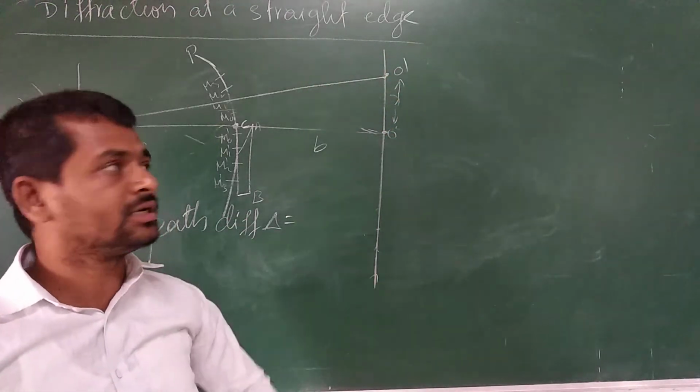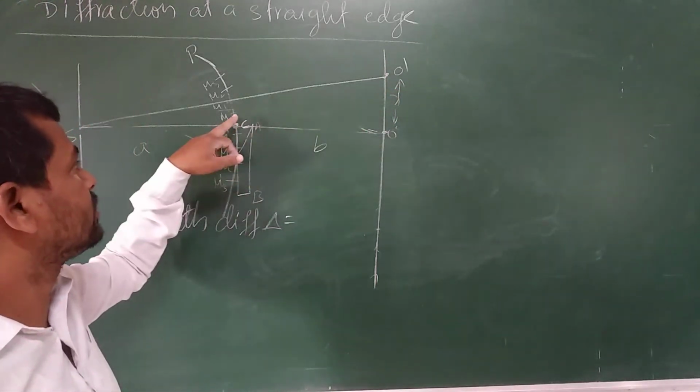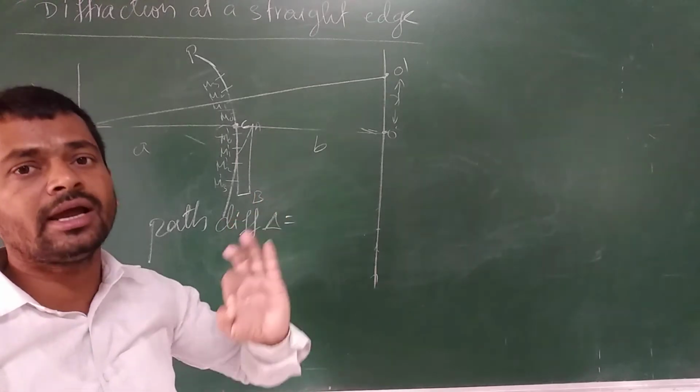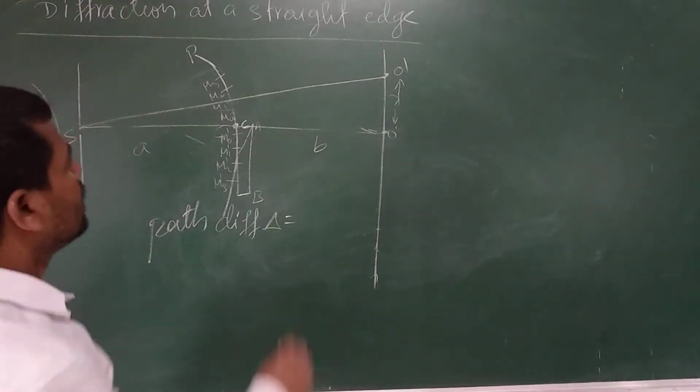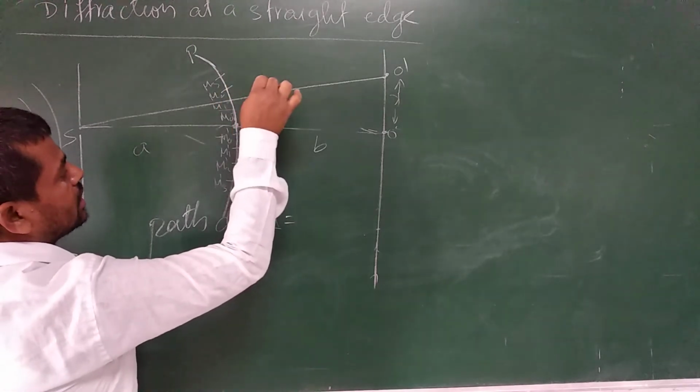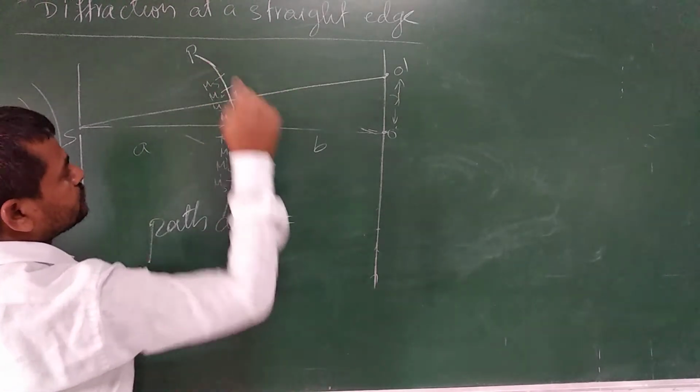So the resultant path difference at O dash is because of M0 and M1, the light which is coming from M0 and M1. And see here, this is the C point, and it is a D point.